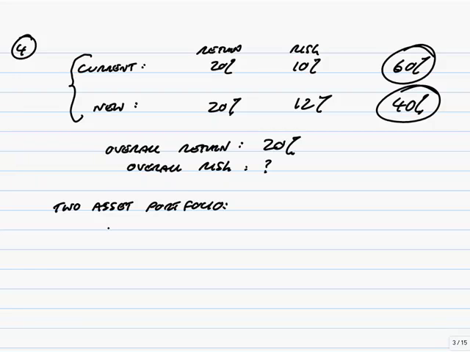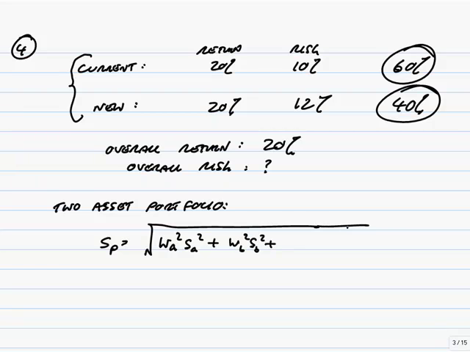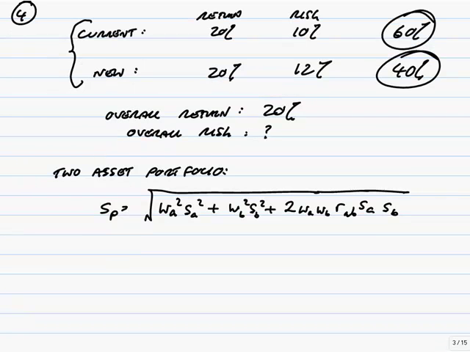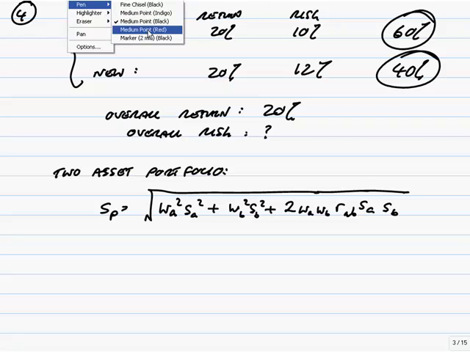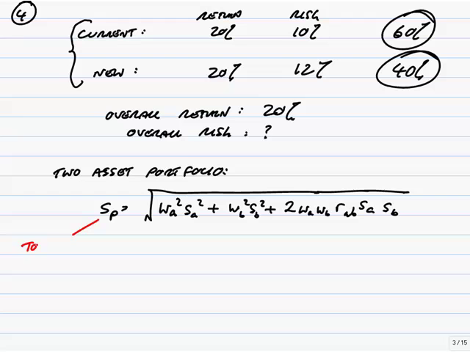And the formula as he gives it: SP is the square root of WA squared SA squared plus WB squared SB squared plus 2 WA WB RAB SA SB, which looks awful. In fact, it's quite easy to use, just a bit of calculator work. But of course, the important thing is to remember the symbols. This formula will give you the total risk, the total standard deviation.